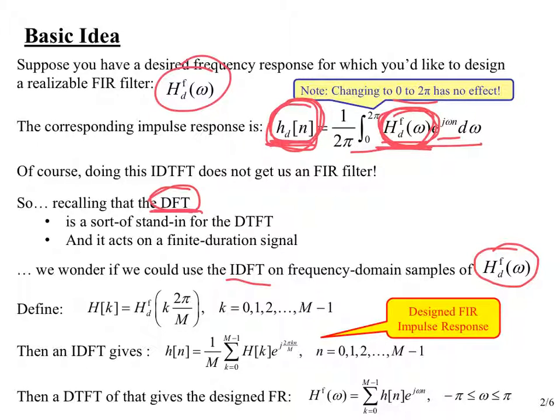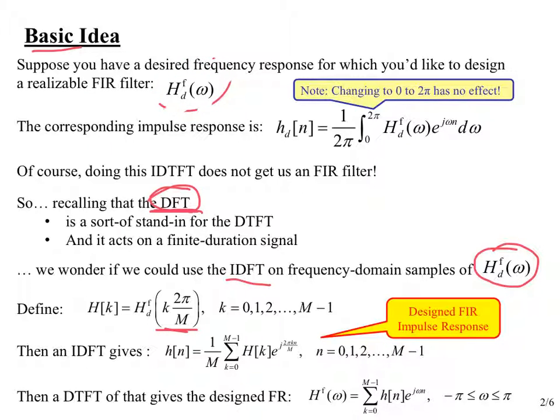So we'll define just taking samples every 2 pi over capital M. We'll do it this way at first, since this is the basic idea, and then we'll expand on this idea a little bit. So we just take equally spaced points, and you can see why I changed this to go from 0 to 2 pi up here, because the explicit definition of the DFT goes over that range.